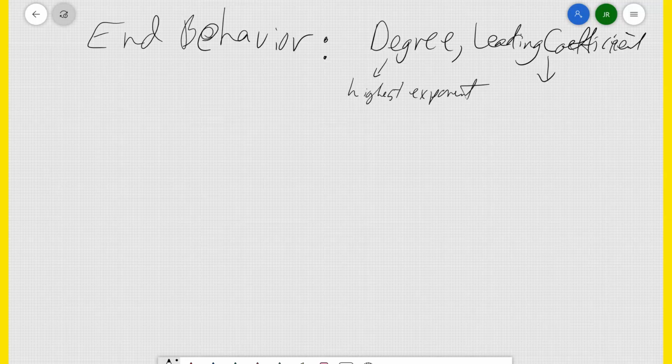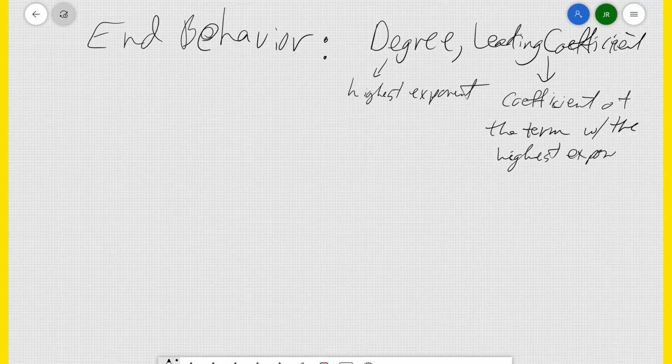Well, the leading coefficient is the coefficient of the term with the highest exponent. The degree is the highest exponent. The leading coefficient is the number in front, or the coefficient of the term that has that highest exponent.